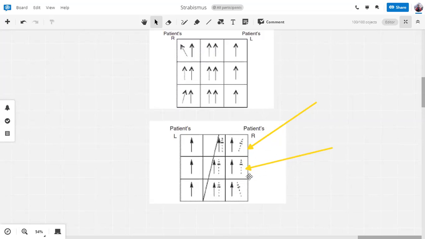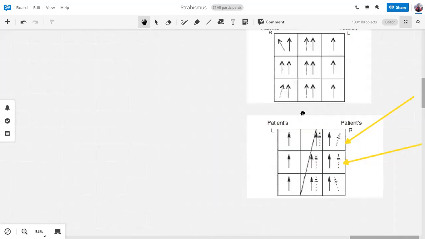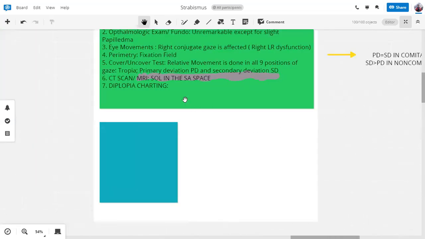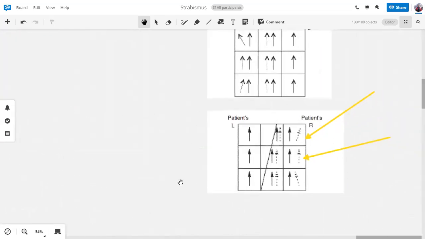And it's greatest when the person is looking towards the right with both his eyes. So on the basis of this diplopia chart, which muscle do you think is affected? Lateral rectus. Yes, the lateral rectus of this patient is affected. So you did the diplopia charting of this patient, and you found this.